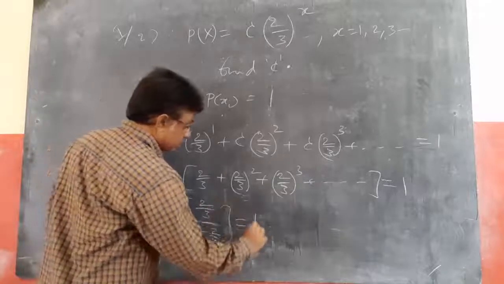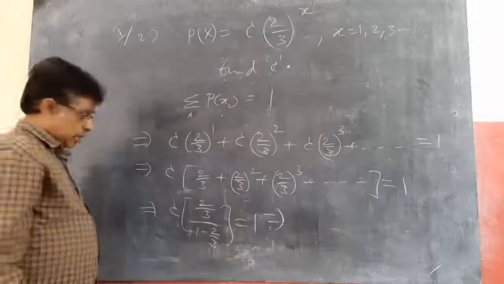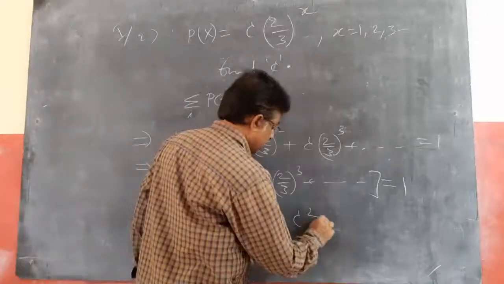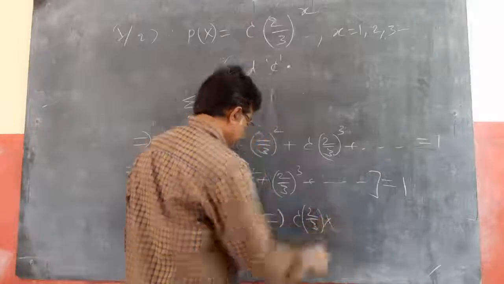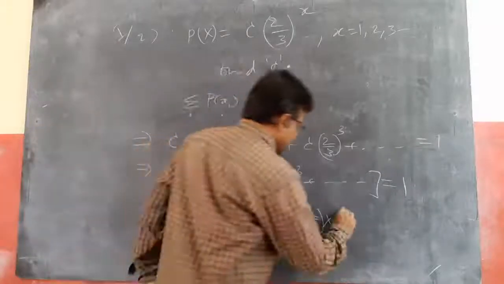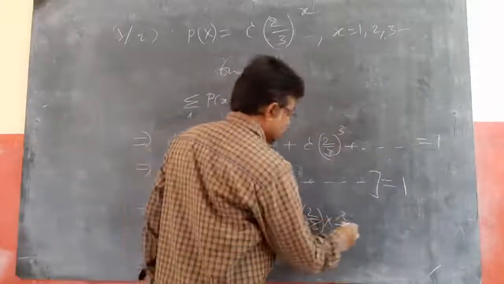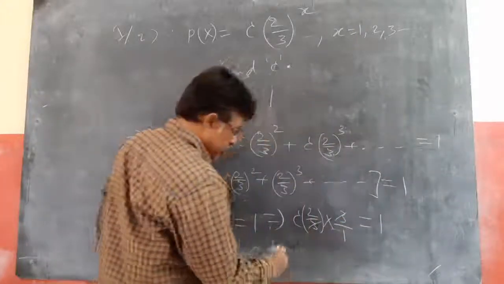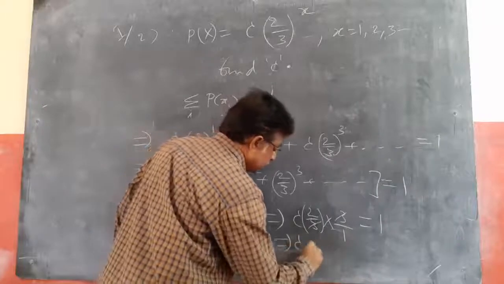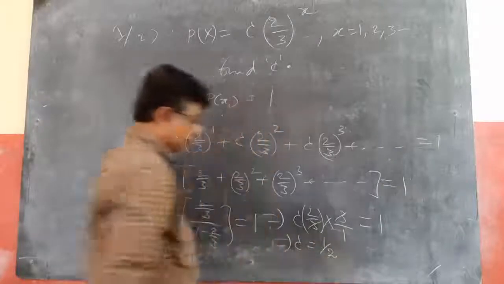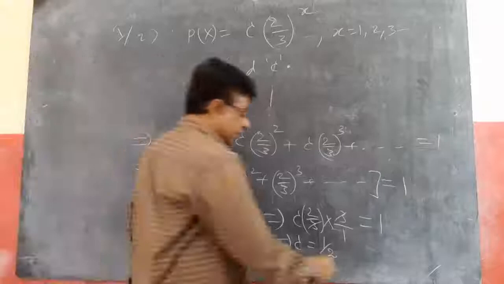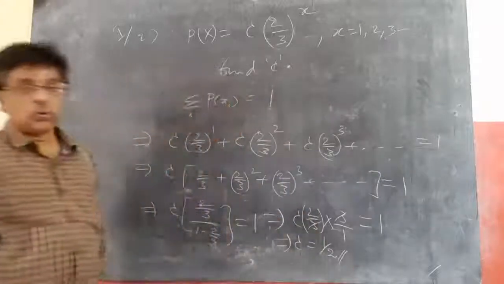So c into 2 by 3 into, if I take LCM 3, 3 by 3 minus 2 by 3 is 1 by 3. So 3 cancels, equal to 1. 2c equal to 1 implies c must be equal to 1 by 2. Hence found.